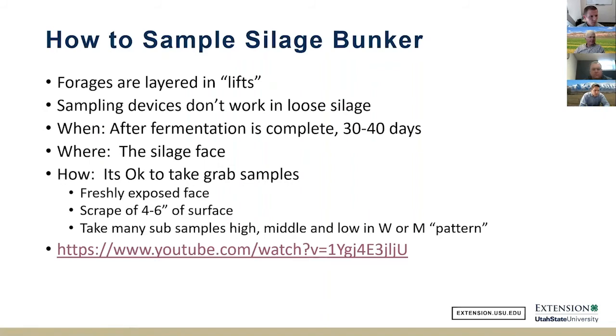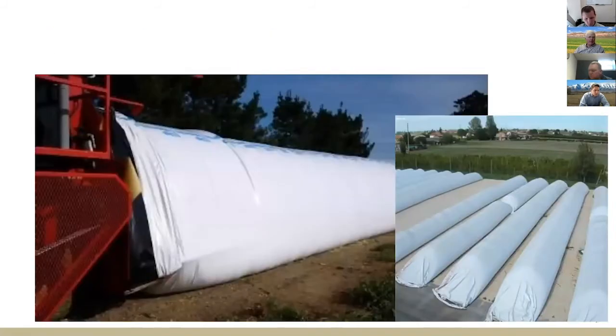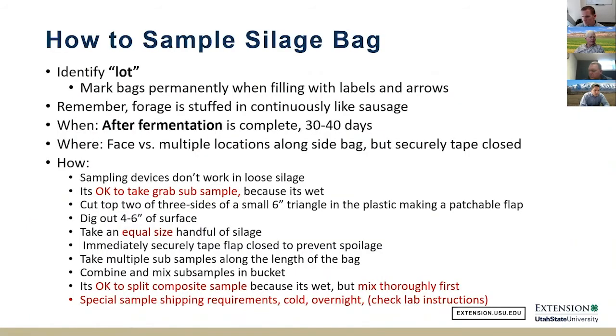Doing bags, similar thing. When sampling silage bags, you can sample just the open area, but if you have permission from the grower, you can take a grab sample along the length of the plastic tube.